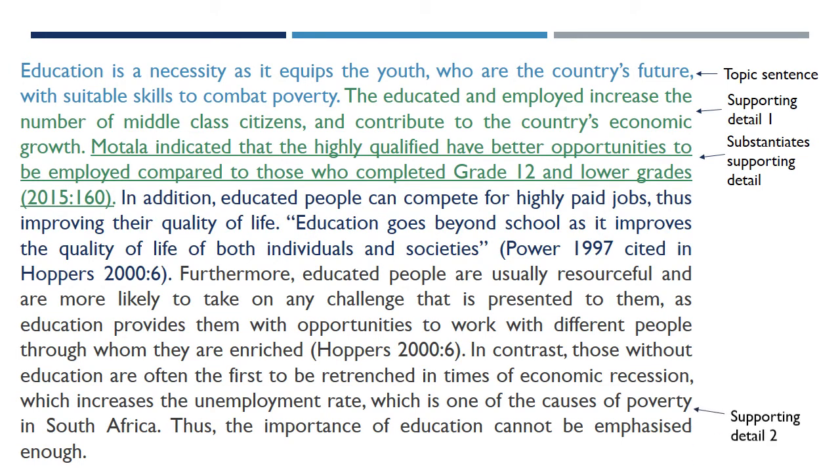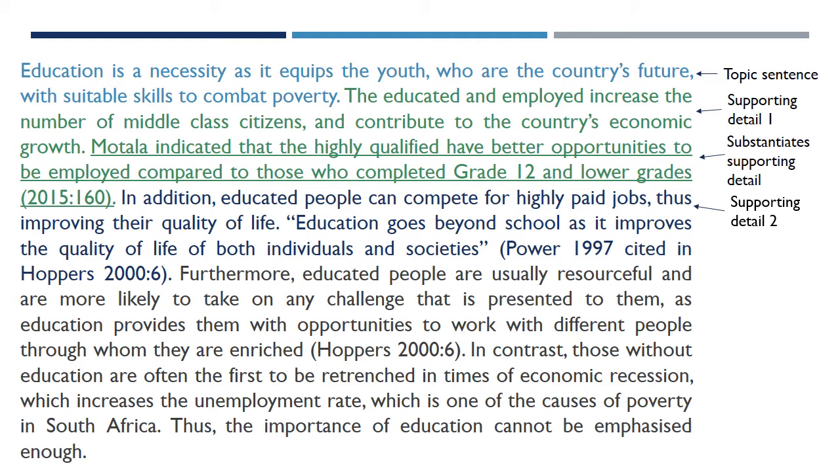What follows is our supporting detail number 2. So again, what is our topic sentence? That education is a necessity. Why else? What else makes it a necessity? And the writer says, in addition, so in addition meaning another reason, educated people can compete for highly paid jobs, thus improving their quality of life.